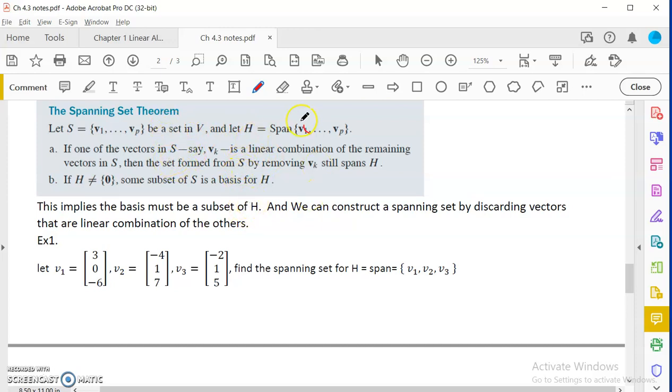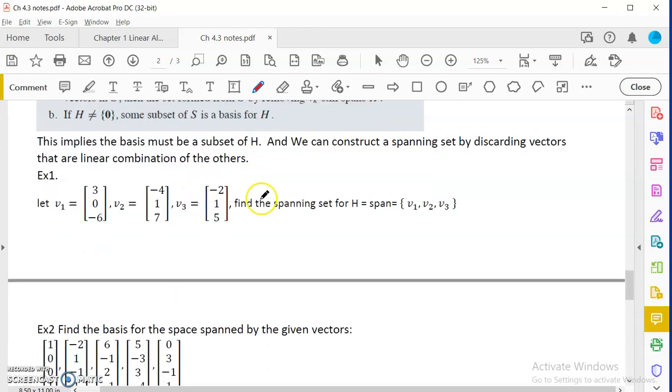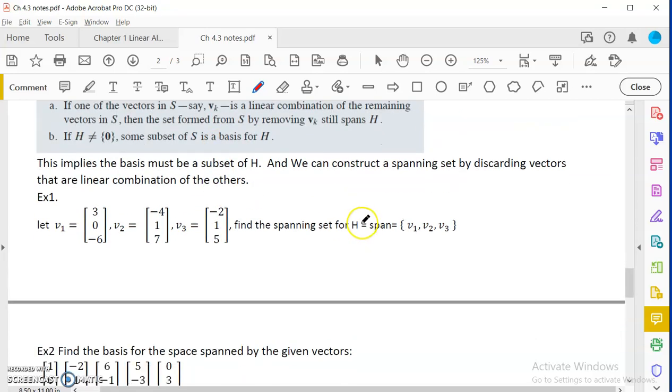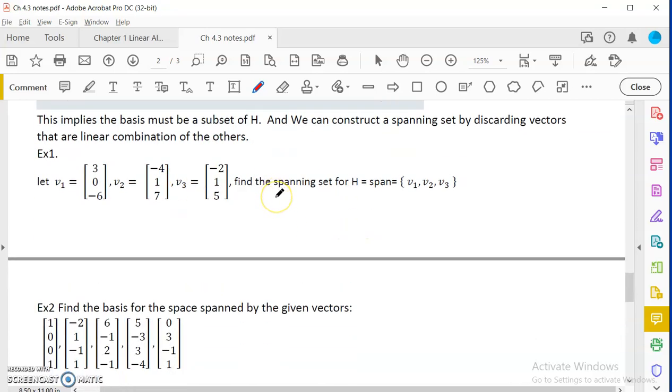That means you cannot have a basis that is outside of these spanning sets, right? Let's say we have 3 vectors and we want to find the spanning set for these 3. If they are linearly independent, this would be a basis.